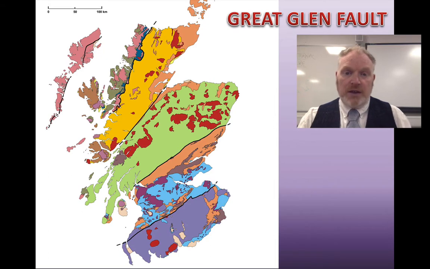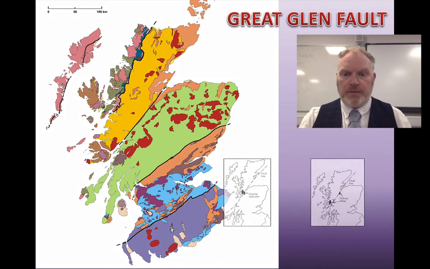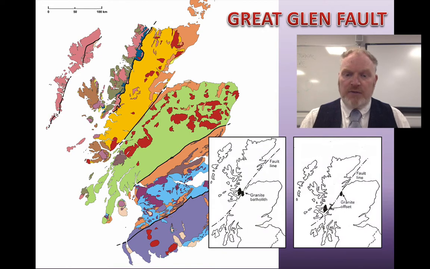Also, the fact that we have a valley, clearly there's a weakness, and the fact that it is a very straight line. The final piece of evidence we get from these other maps. We can see that there are structures that have been displaced. We see the same pluton of granite that's been moved and displaced by the fault.